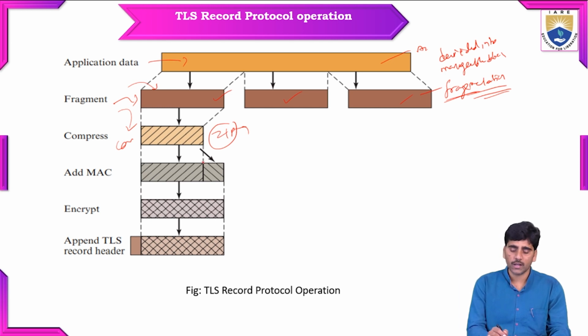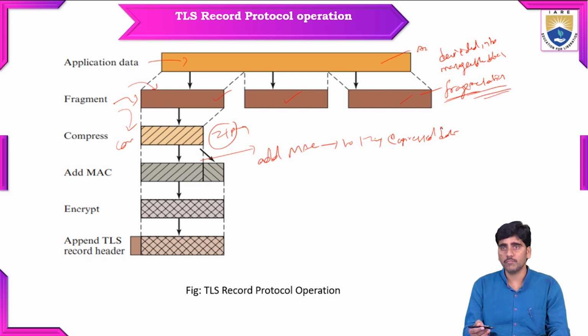The next step is applying or adding the MAC to this compressed data. MAC is nothing but the message authentication code.